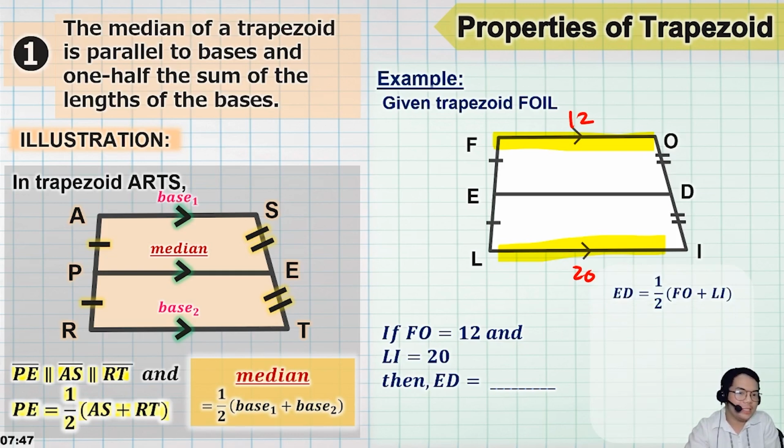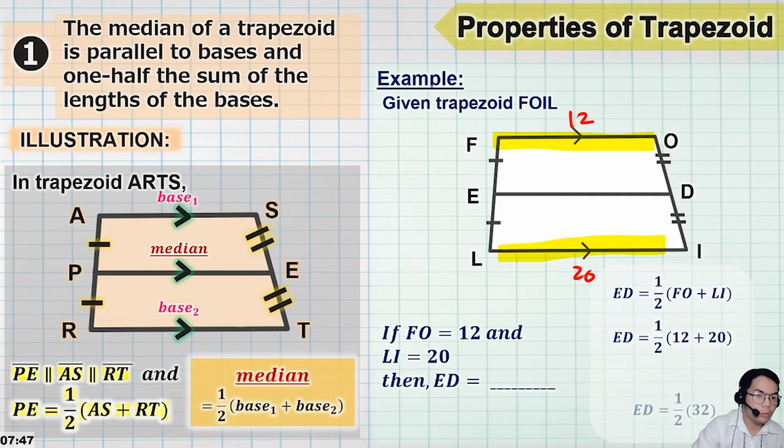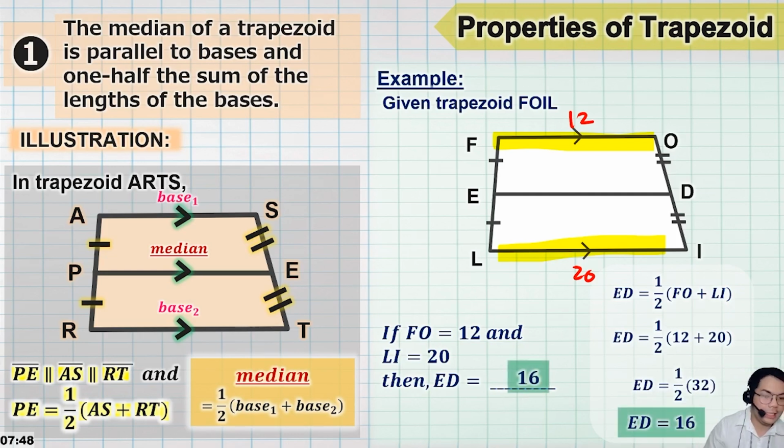To solve this, you only need the idea that the measurement of the median is equal to half the sum of the bases. Since our bases are 12 and 20, just add them. 12 plus 20 is equal to 32, and get the half of it, you will get 16. Therefore, the measurement of the median will be equal to 16.